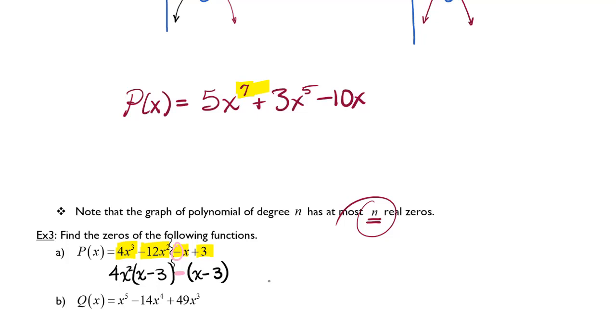This is good. So now I can factor out of the whole thing x minus 3 as my common factor, and I'll be left with 4x squared minus 1. I'm setting this equal to 0 to find the zeros of the function. So I'm going to factor this 4x squared minus 1 further because it's a difference of squares.